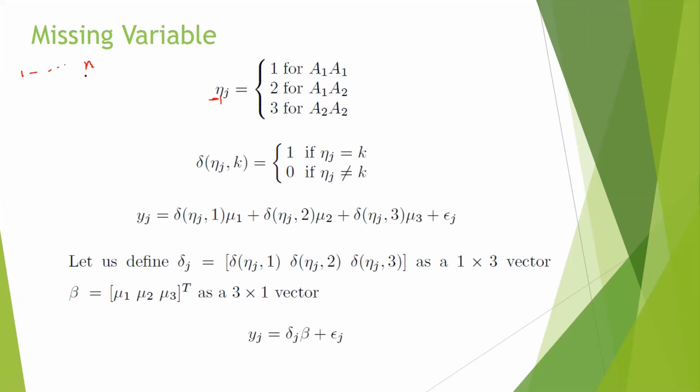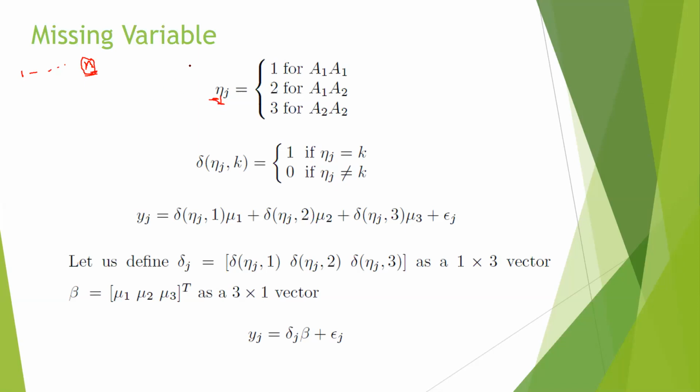We use n to represent the total data points. For example, in this experiment you collected n progeny from the F2 population. That's the n. But here it's not n, this is the eta j.